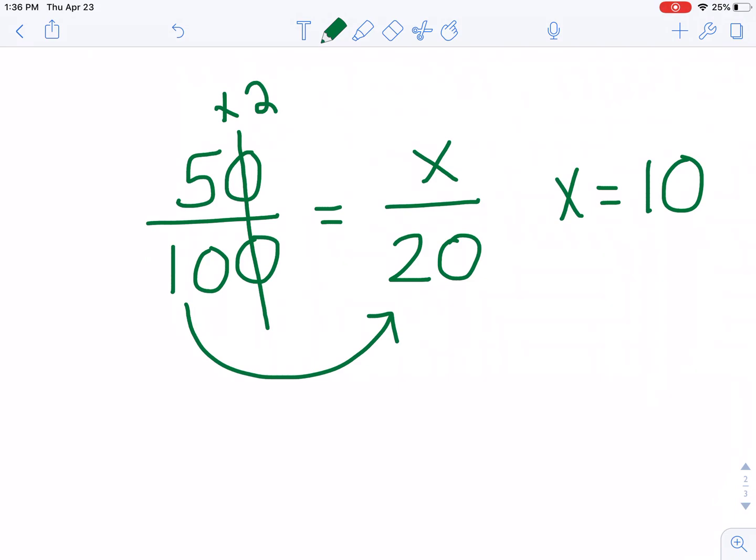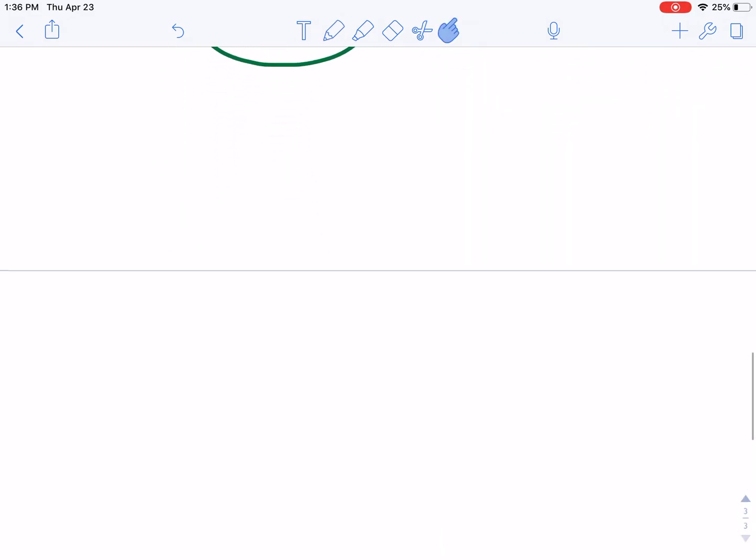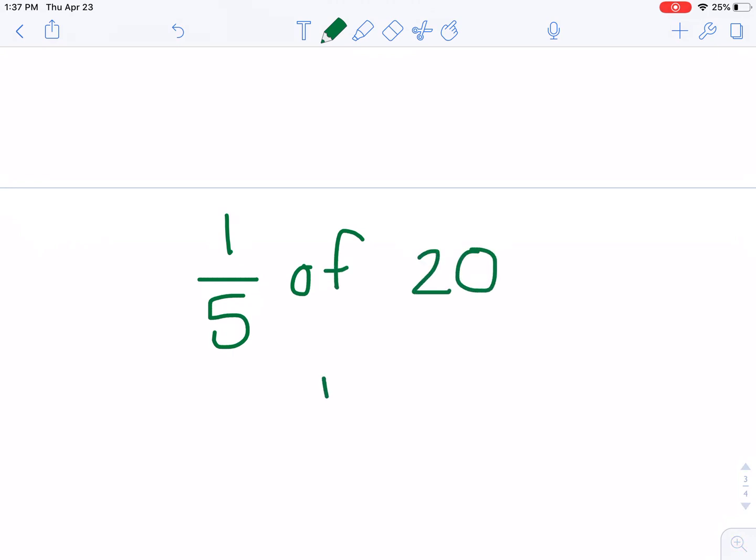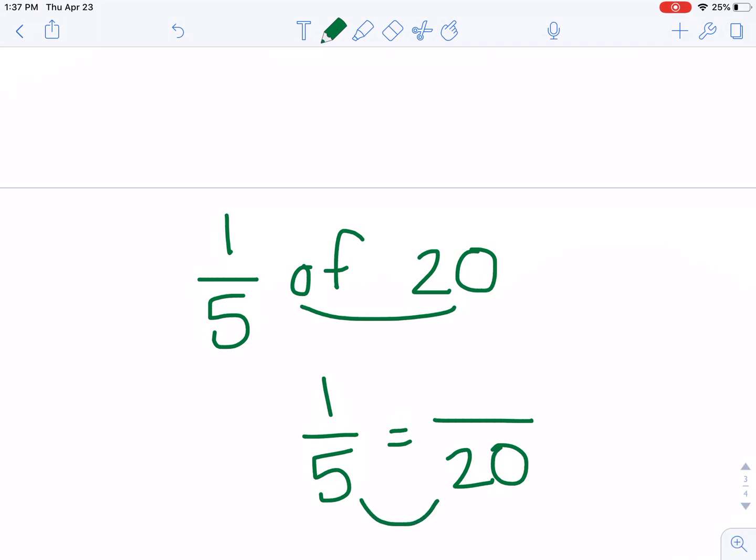And I will do one quick one for you just to make sure that if I asked you what 1/5 of 20 is. Okay. Now you know, you still do the 1/5. You know where the 20 goes because it's of 20. There you go. 5 goes into 20 how many times? 5, 10, 15, 20.